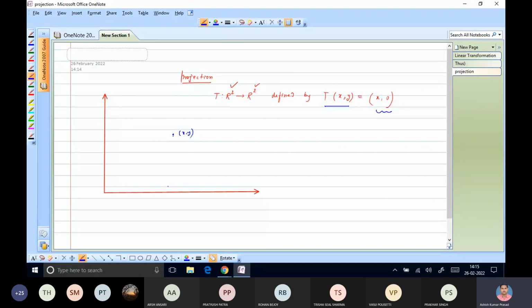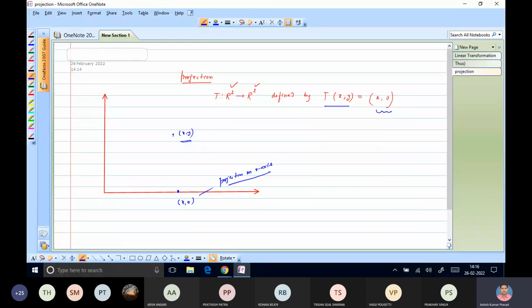So it is mapping it to here, the point x0. So what is this? This is the projection of the point xy on the x-axis.